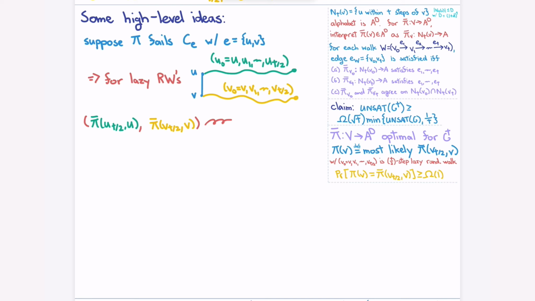So that means that if I take a random walk from u and v, these two endpoints will be some constraint in the powered problem, because it corresponds to a t-step walk.